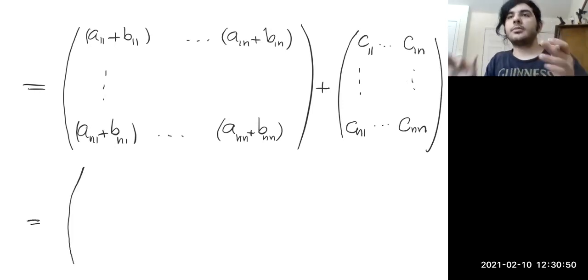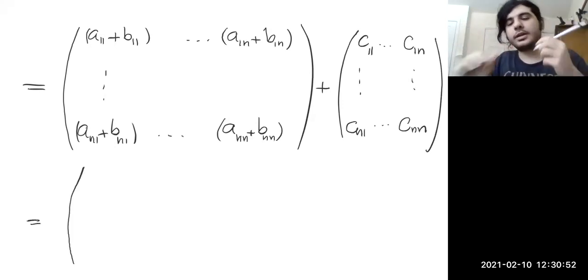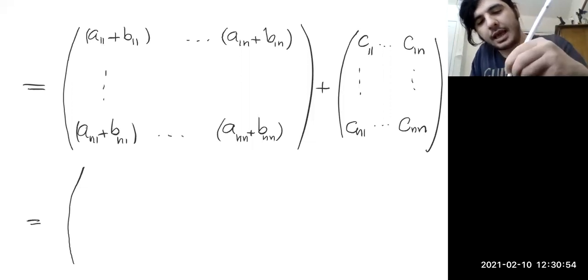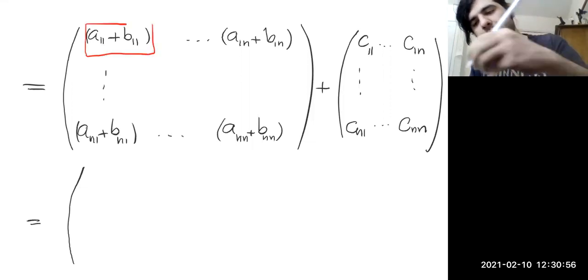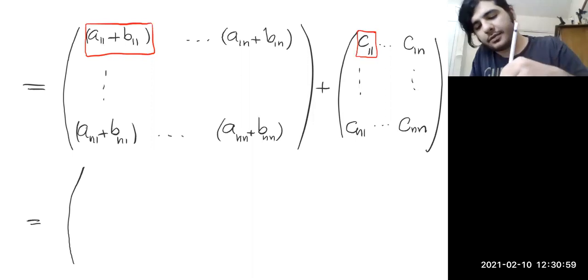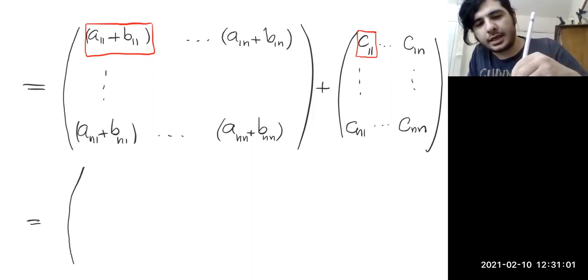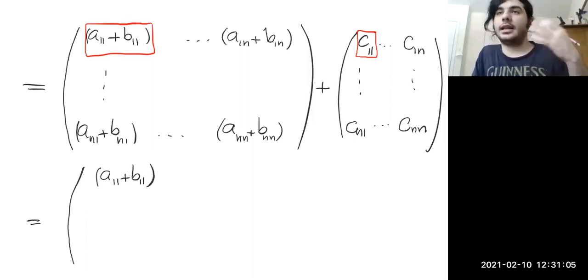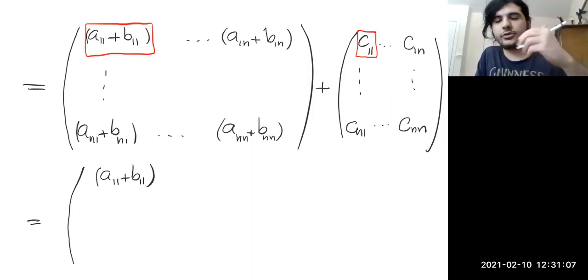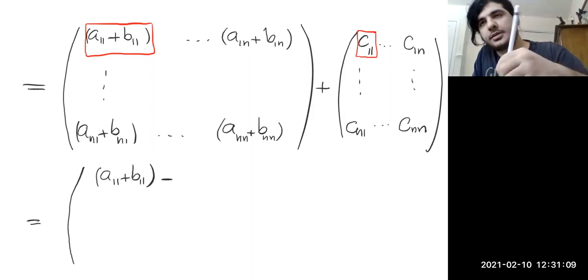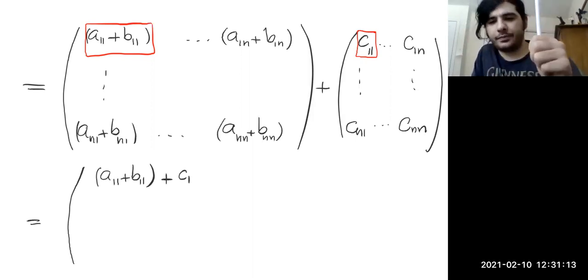Again, we know the sum of two matrices is defined component-wise, so I should add the first element in the first row to the first element in the first row of C. So I would get A11 plus B11, which is the first element in the first row of the first matrix, plus the corresponding element in the second matrix, which is just C11.